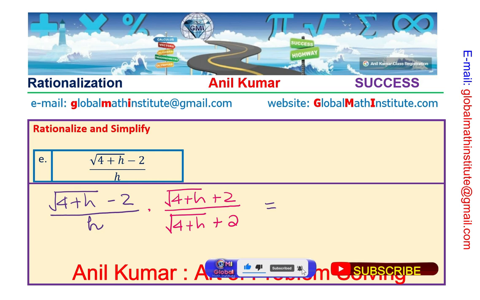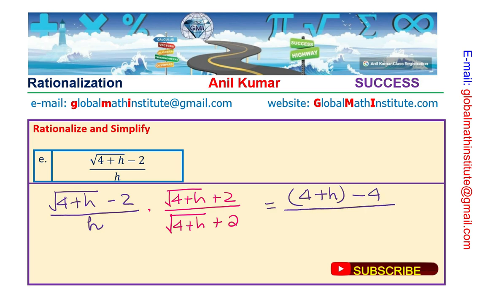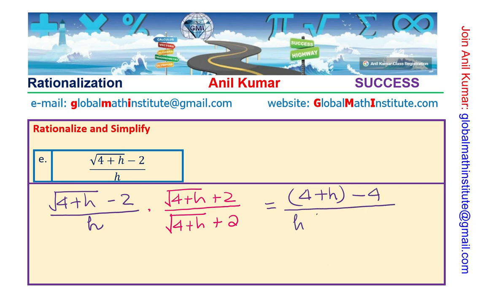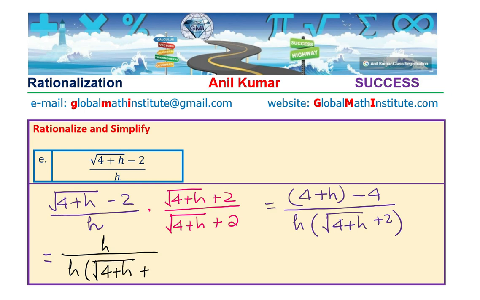Square of the first part, so it is just 4 plus h, right? Minus square of 2, which is 4, over h times (square root of 4 plus h plus 2). Now you can see 4 plus h minus 4 is only h, over h times (square root of 4 plus h plus 2).